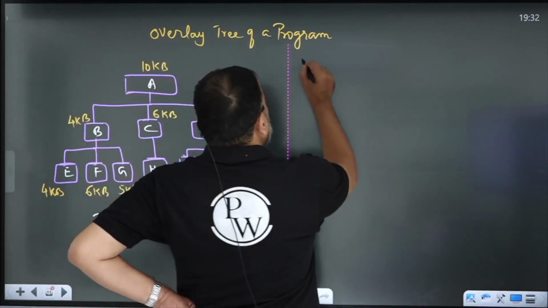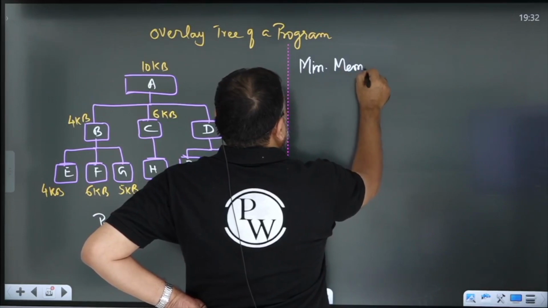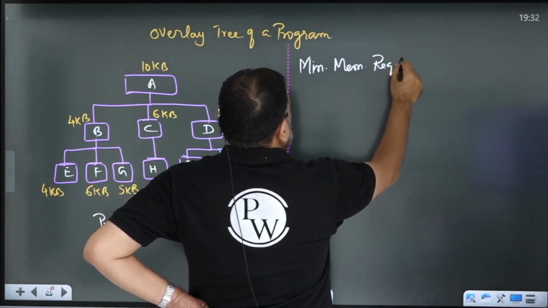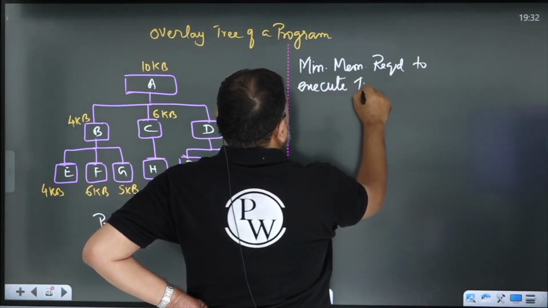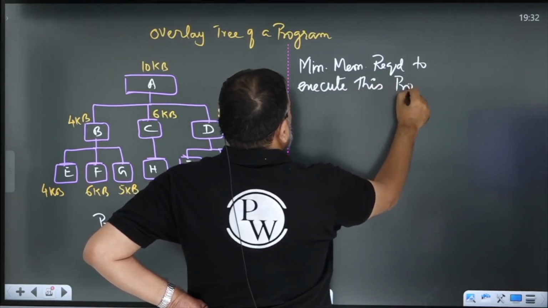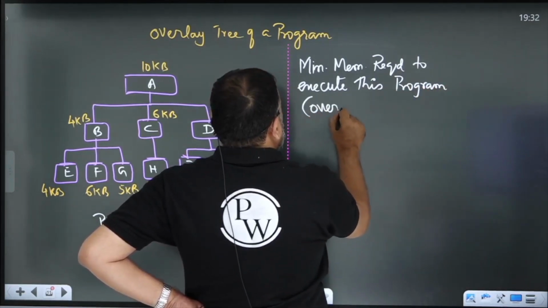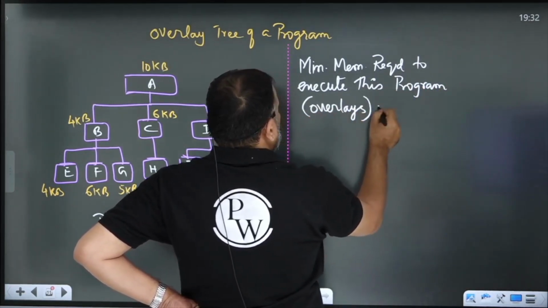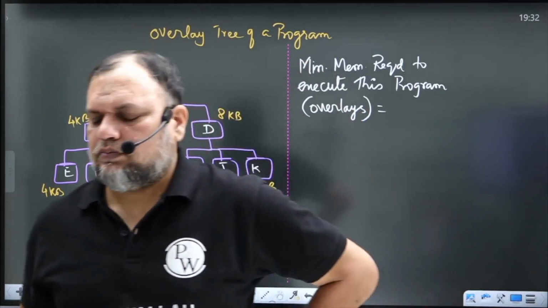The question is, what is the minimum memory required to execute this program with overlays? Come on, I want you to work out and tell me the answer.